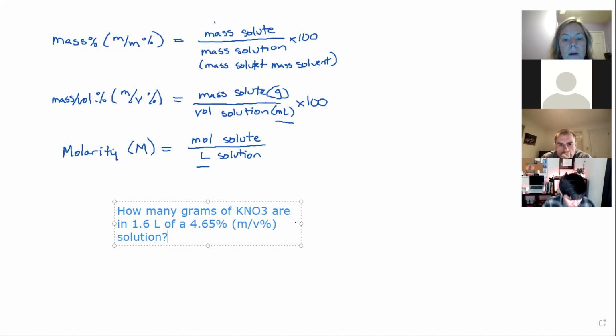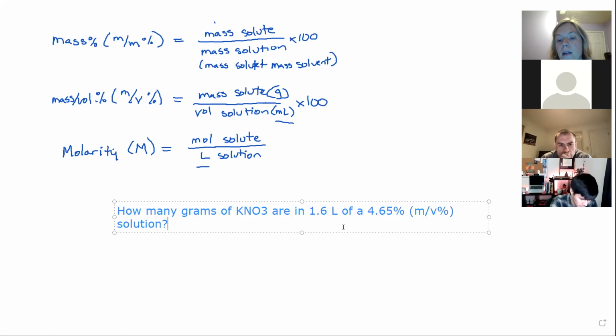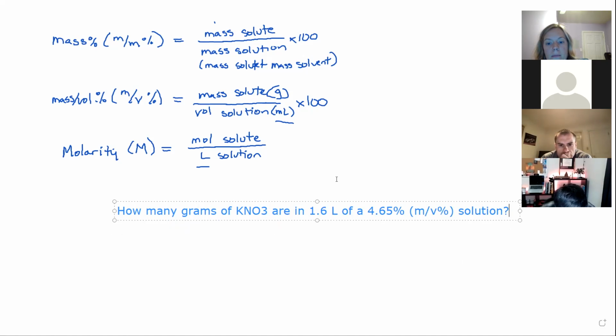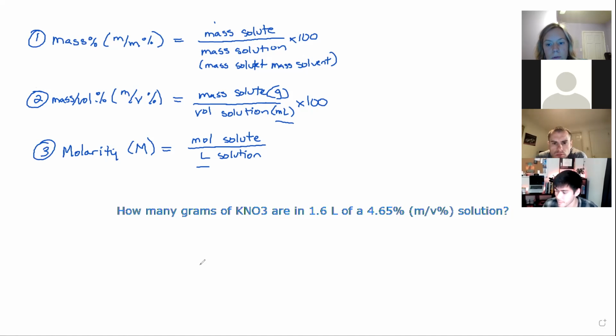This problem says how many grams of KNO3 are in 1.6 liters of a 4.65%, and that's specifically a mass volume percent solution. I want you to play around with that problem using equation 2. I'll give you guys 2-3 minutes for that.